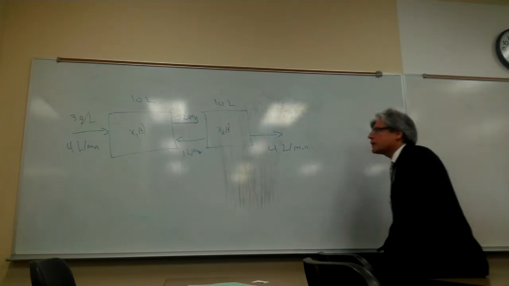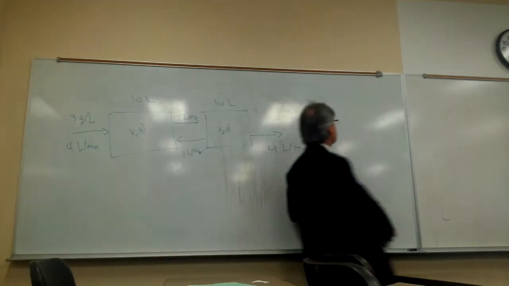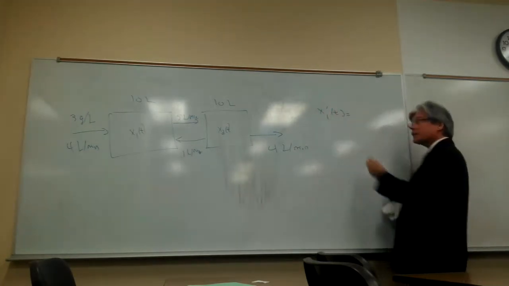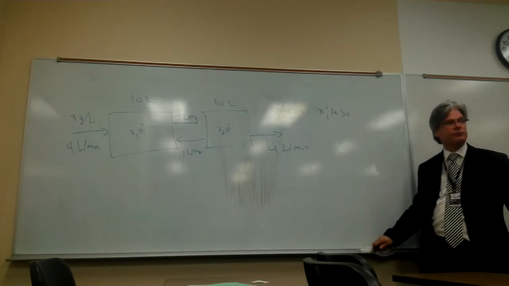However, I can talk about the rate at which the amount of pollutant in the first tank is changing with respect to time. That is x1 prime of t, the derivative of a scalar valued function. It's not a vector.